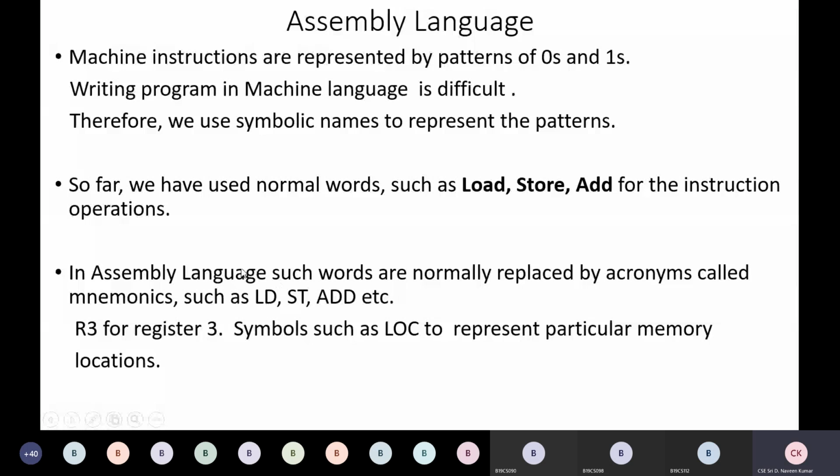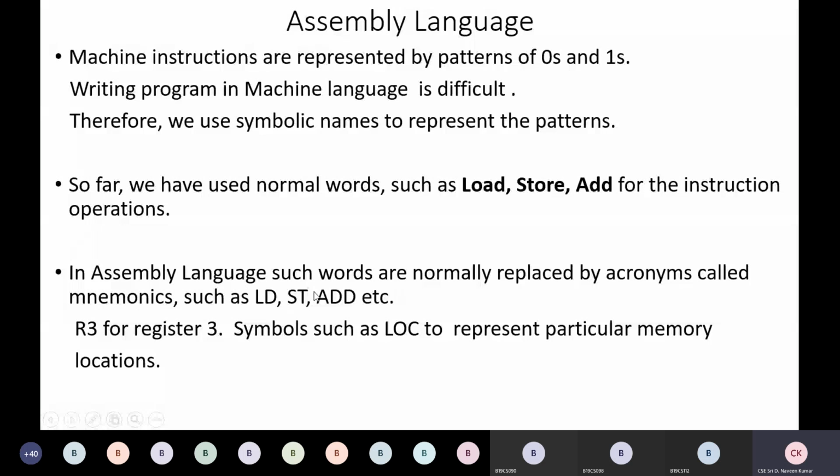We already know an instruction consists of opcodes and operands. So in place of load we use LD, in place of store we use ST, and for addition we use ADD. These are what we call mnemonics in assembly level language. This word mnemonics will also come in your OS subject.